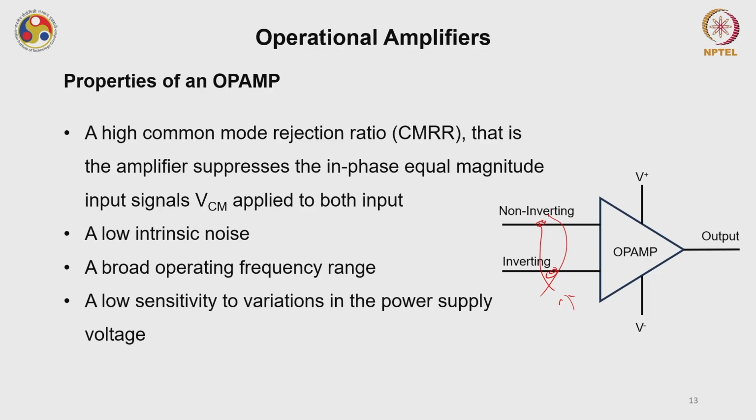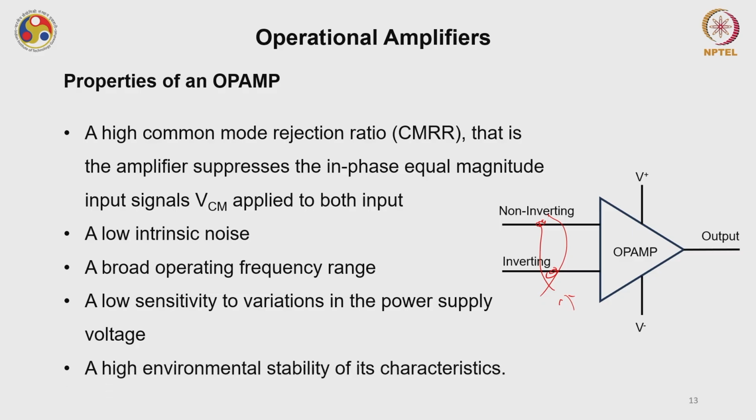Then it has low sensitivity towards variation in the power supply voltage, okay. We want that there should not be any variation due to the power supply change, okay. However, of course this is not an ideal device, so it has a little tendency to change with the power supply voltage, but that is minimal, okay.